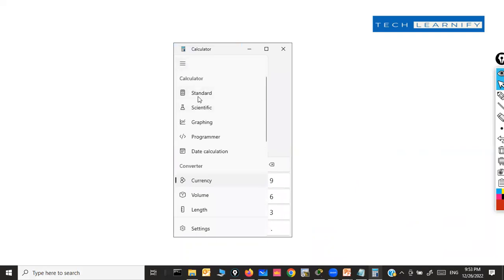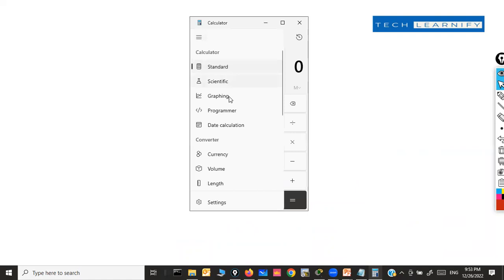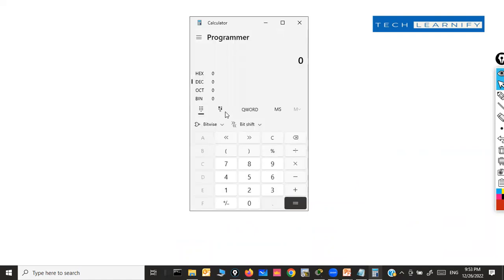So if you change the mode, not standard, just select programmer, right? So if I type a decimal value here, let's say 192, look at this conversion.